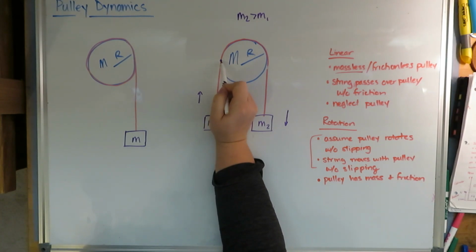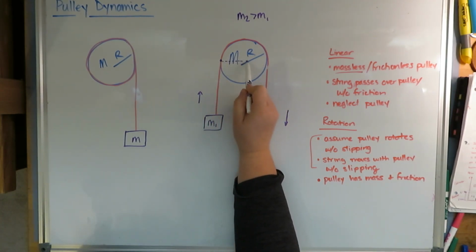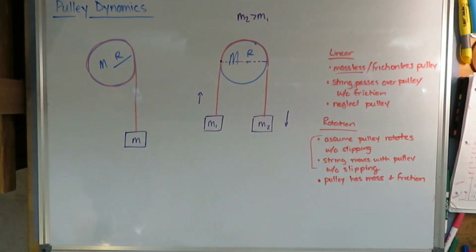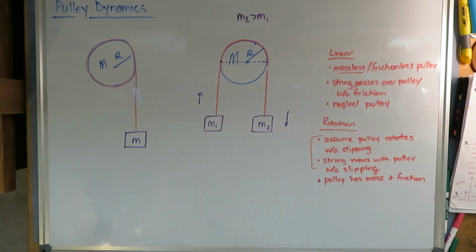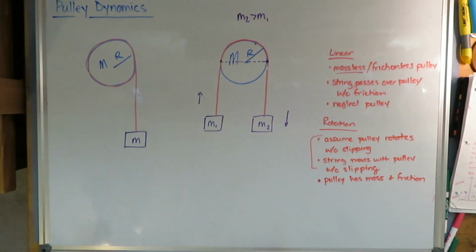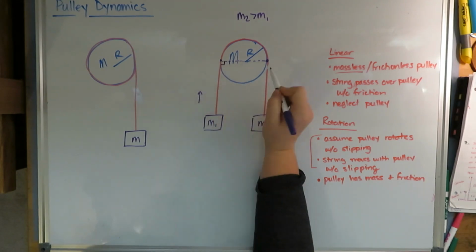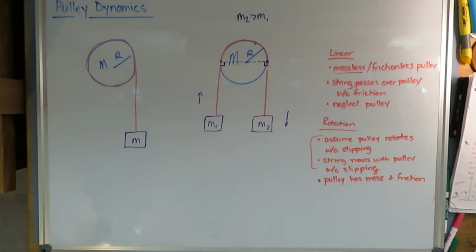We assume that the pulley first comes in contact with the string at the midpoint, and loses contact over here at the midpoint on the other side. So basically the string comes in contact with the pulley at a 90-degree angle, and it leaves the pulley at a 90-degree angle, right over there.